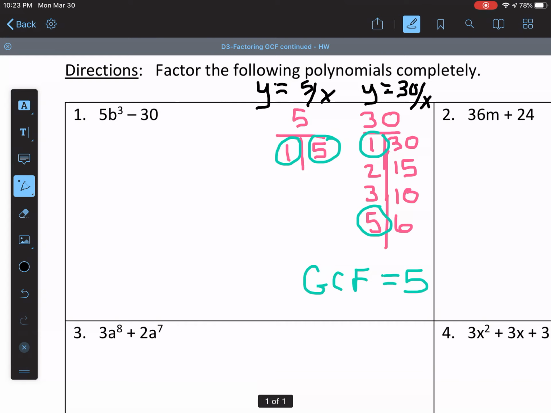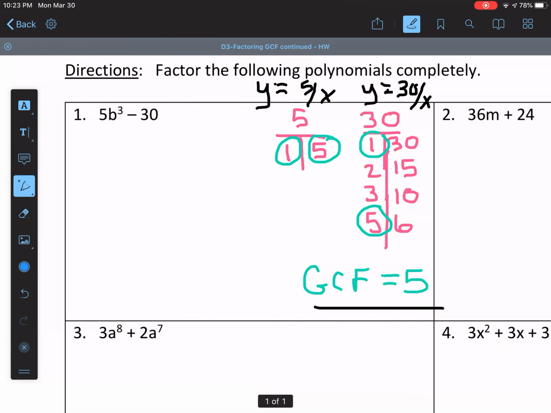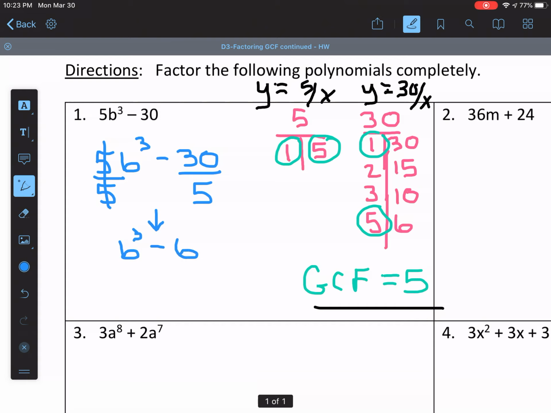All right, so now we know the GCF is 5, so now we are going to take our original problem, the 5b cubed minus 30, and divide each of our pieces by our GCF, which is 5. Here the 5s cancel out, or they actually reduce to 1, but we say cancel out, and we're left with b cubed minus, now 30 divided by 5, you put that in your calculator, is 6.